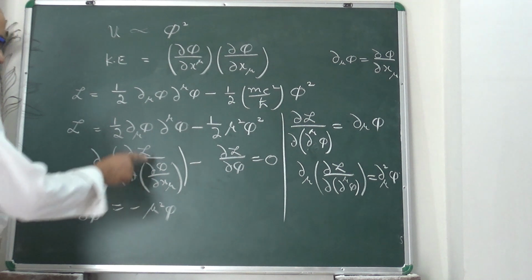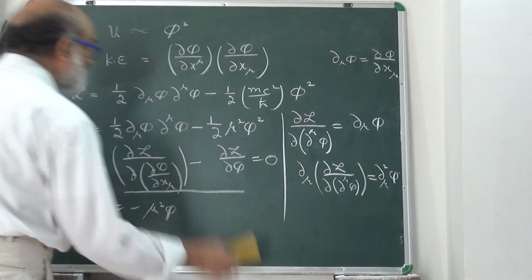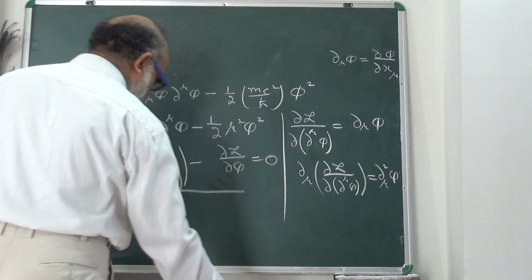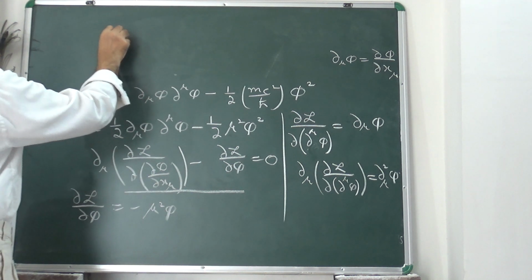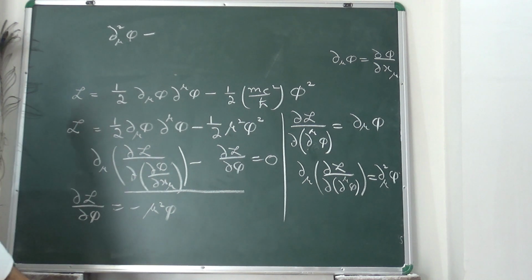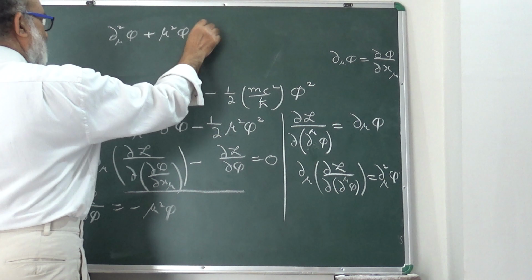So if you substitute in this equation of motion, you will get del mu square phi plus mu square phi equals zero.